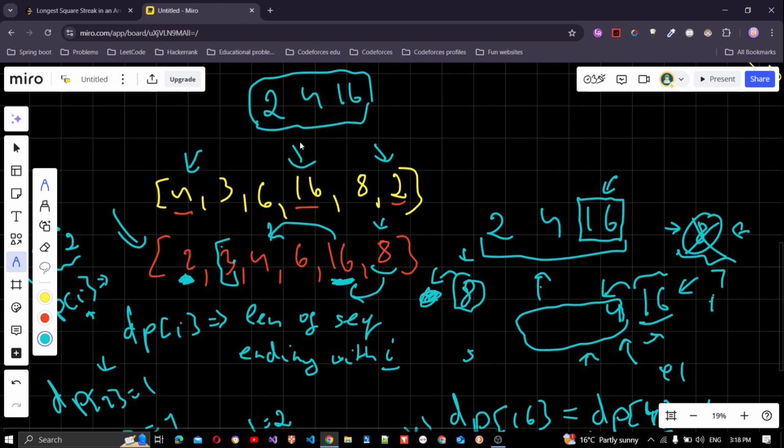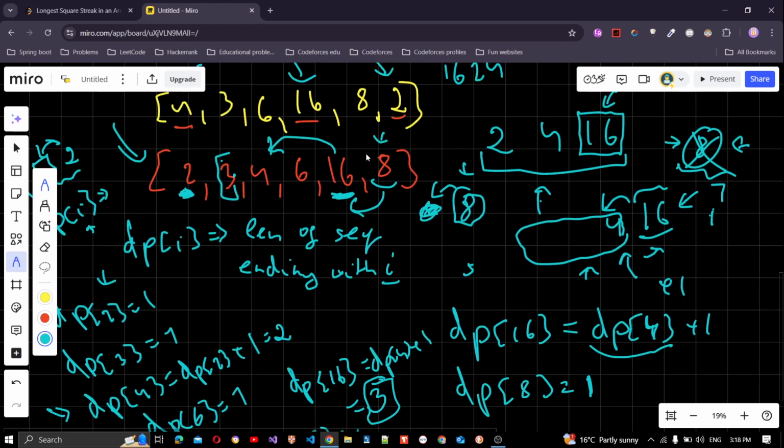We just want to know if there is such a sequence in the array. The order does not matter here. Like you might have 4, 2, 16 or 16, 2, 4. They all are the same. So it's equal to 2, 4, 16.